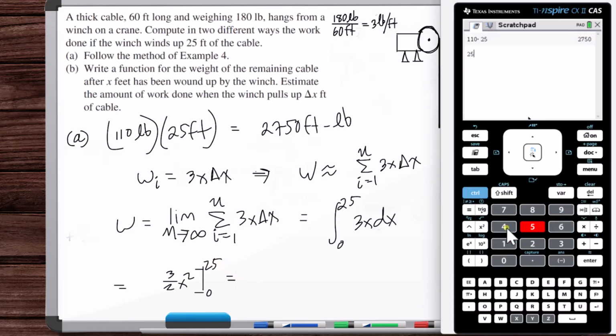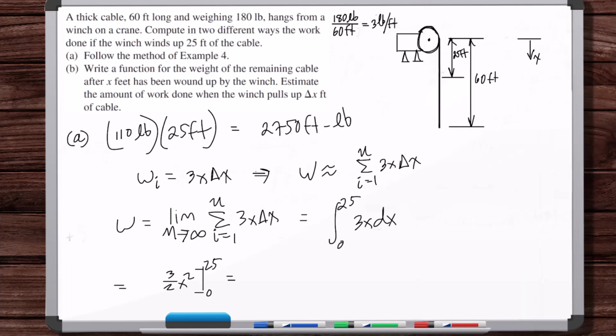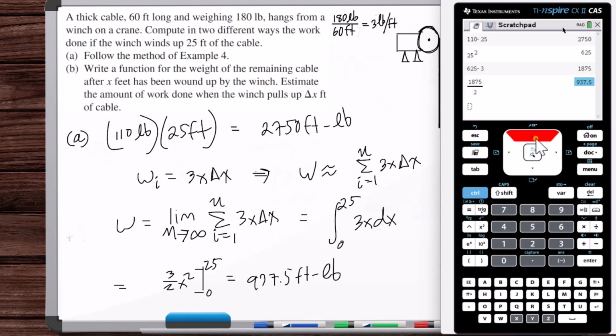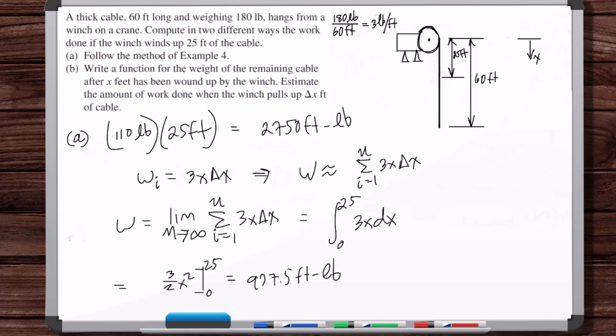So 25 squared times 3 divided by 2 is 937.5. So the total work done to lift this entire chain 25 feet is this plus this. Let's just round that to 3,688 foot-pounds.